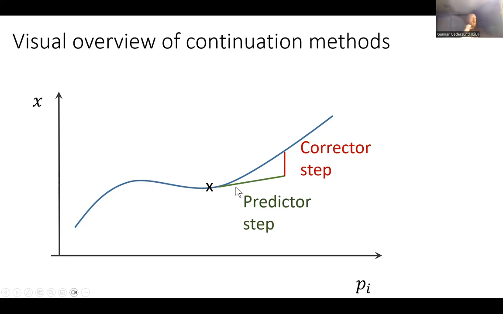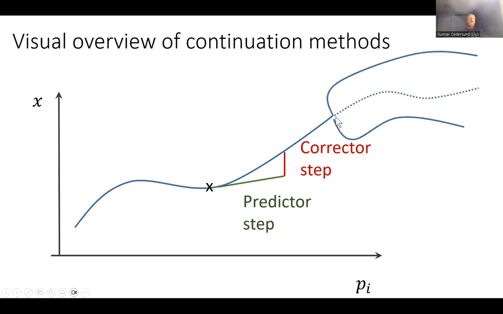So what you should know is that continuation methods are typically constructed in a predictor-corrector fashion. We won't go through the details of how to construct this, but it is using a predictor-corrector step approach that you get these continuation methods.